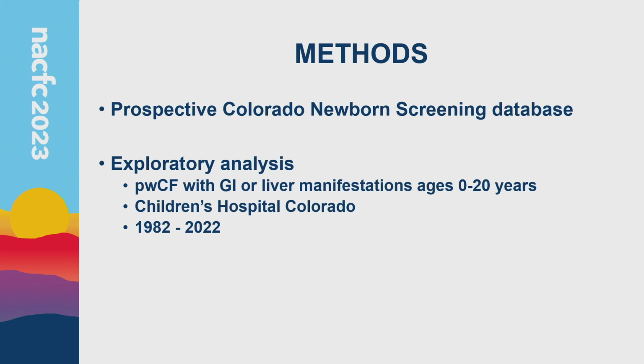To test our hypothesis, we utilized a prospective database in place since the onset of newborn screening in Colorado and Wyoming back in 1982. And we conducted an exploratory analysis of all people with CF who were found to have GI or liver manifestations at our center from 1982 to 2022.